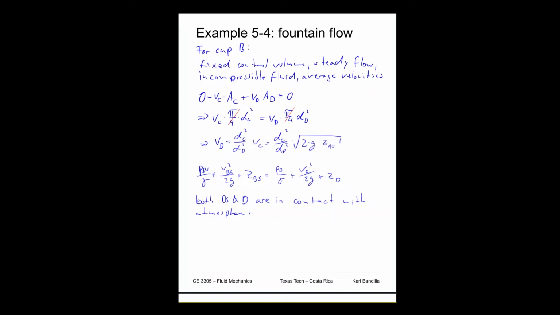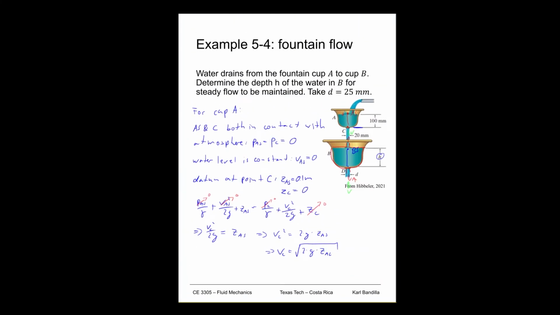That means, of course, that PBS is equal to PD is equal to 0, just like we had on the other cup. The water level in this cup doesn't change, so VBS is going to be 0.